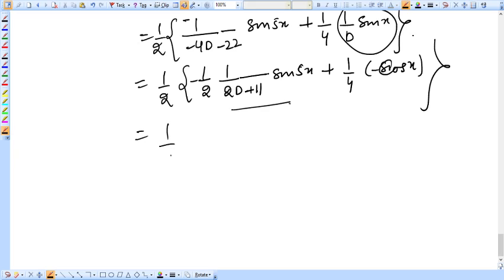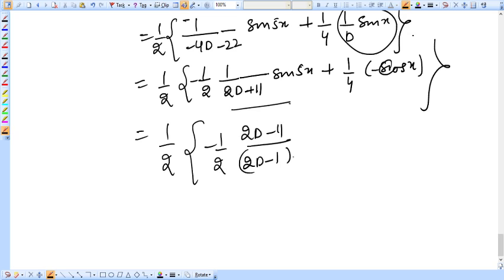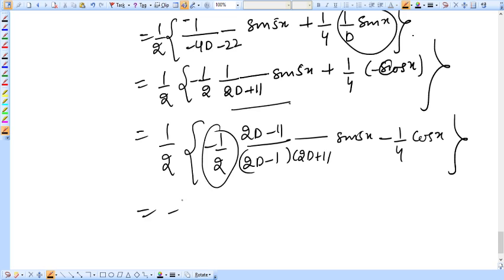In order to solve this, we are going to multiply and divide by 2d minus 11, 2d minus 11 into 2d plus 11, okay, into sin 5x plus 1 by 4 cos x, okay, negative sign here. Okay, so now if we take this minus sign outside, we get outside what? Minus 1 by 4, so it would be 2d minus 11 divided by 4d square minus 121.